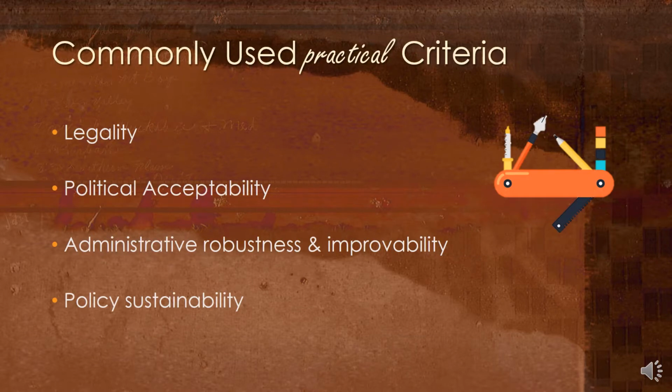And then the book looked at the commonly used practical criteria. So looking at policies and all that, what is the most practical criteria to use with it? With the first one, legality, we have to make sure that the policy does not violate any laws. We can't go against a law that is in place.